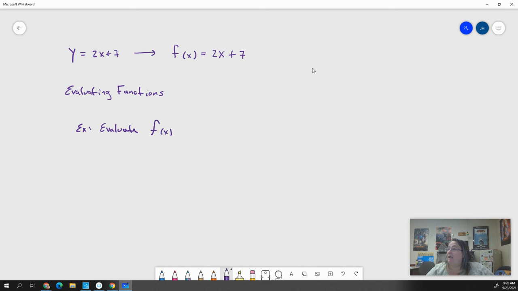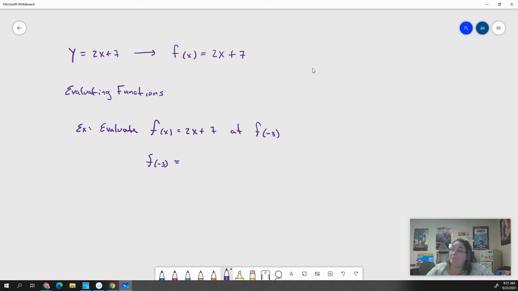Evaluate f of x equals 2x plus 7 at f of negative 3. All that means is I'm going to take negative 3 and I'm going to plug it in wherever I see that x. Right? I'm going to go, what is f of negative 3? And when I write it this way, it means f of x when x is negative 3.